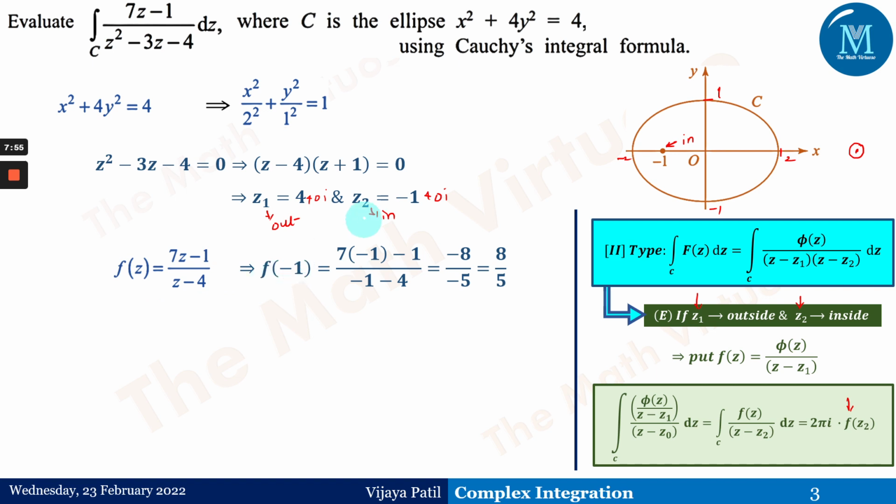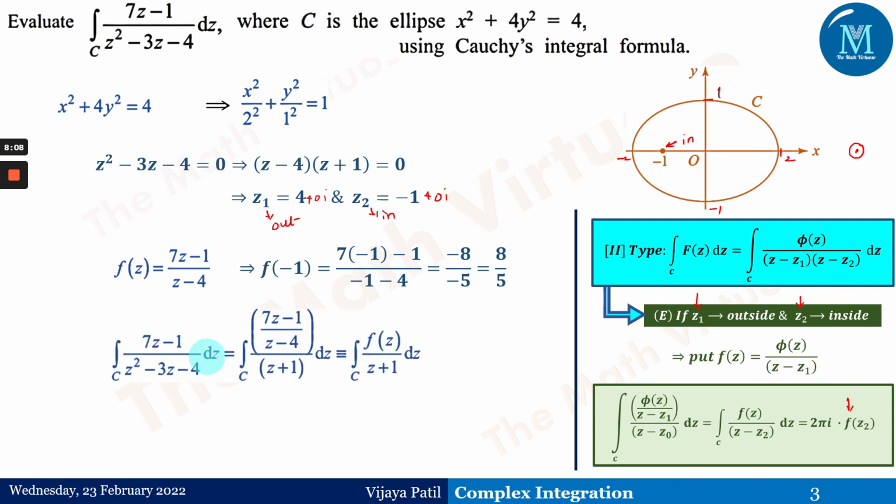So f of minus 1, so the point which is inside, that is minus 1. So we are finding out the f of minus 1 as we got it as 8 by 5. It's simple, so every z we are replacing here with minus 1. We got f of minus 1 as 8 by 5, and therefore in this way, the way I have shown you here, the same way I have to do it here in this case. So it is nothing but 7z upon z minus 4, as this is the f of z, right?